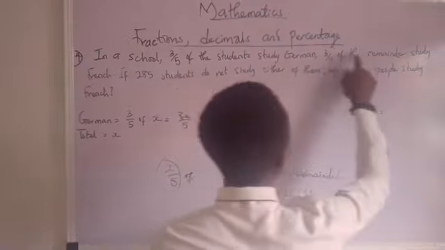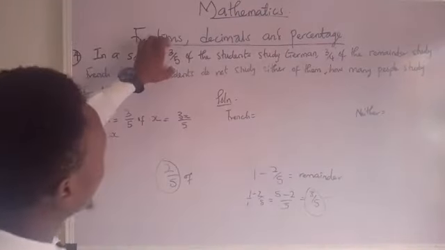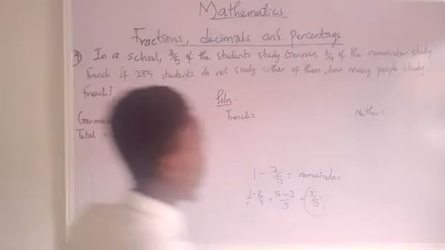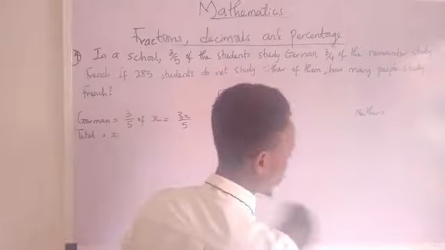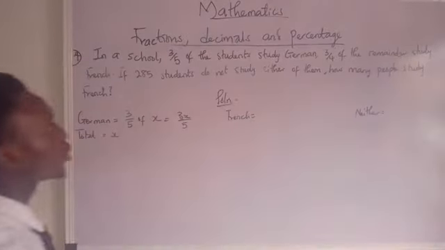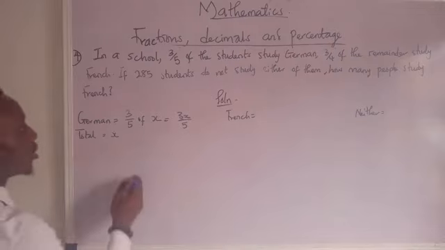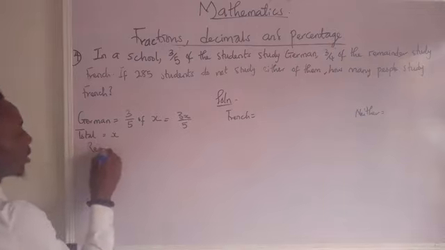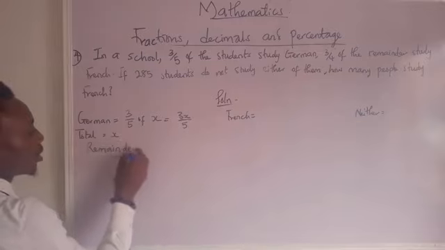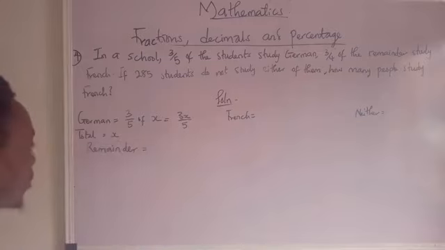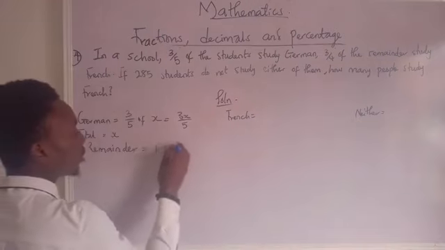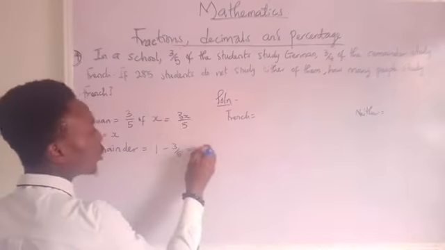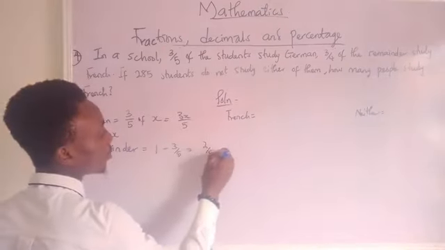So now if they say 3/4 of the remainder, this is the remainder after the students that are studying German. If you subtract 3/5 from 1, 1 minus 3/5, it will give you 2/5.